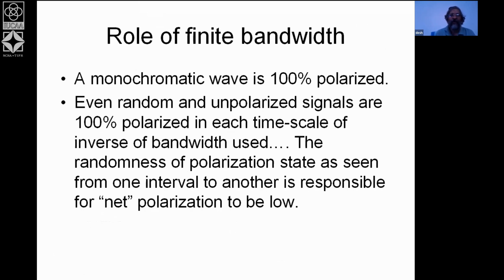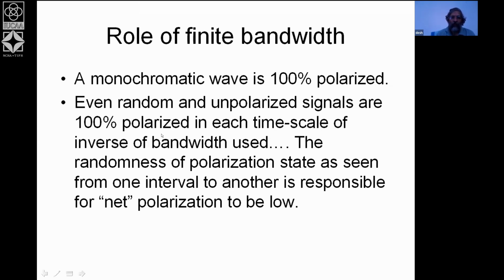The bandwidth plays a very important role in the way we see the signals and their polarization states. As you will appreciate, a pure monochromatic wave is 100% polarized. By that I mean it has a given state of oscillation and it continues to follow that. There won't be any deviation from it. Had there been any deviation, it would amount to a departure from monochromaticity, and it would acquire some bandwidth.